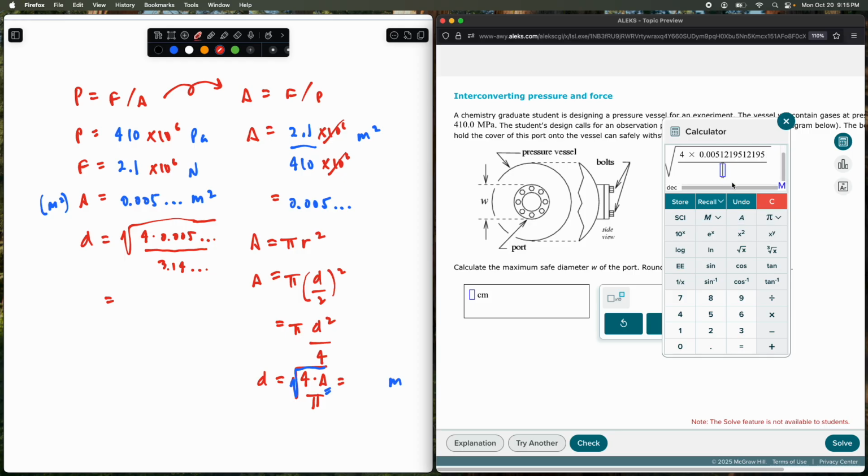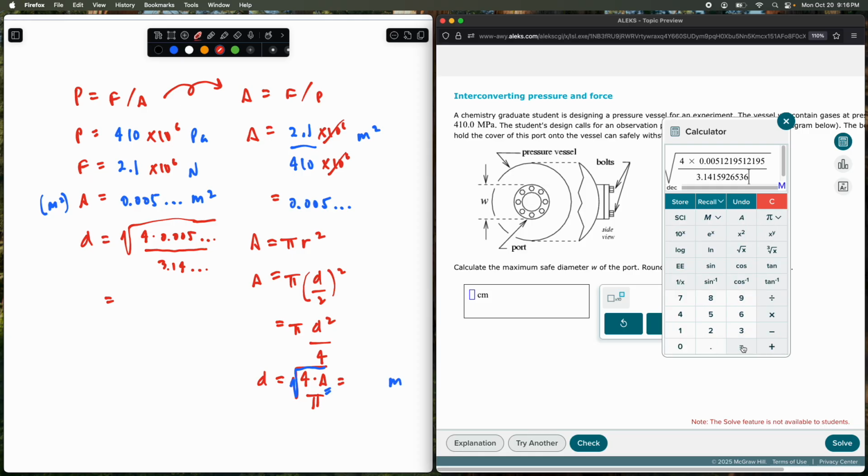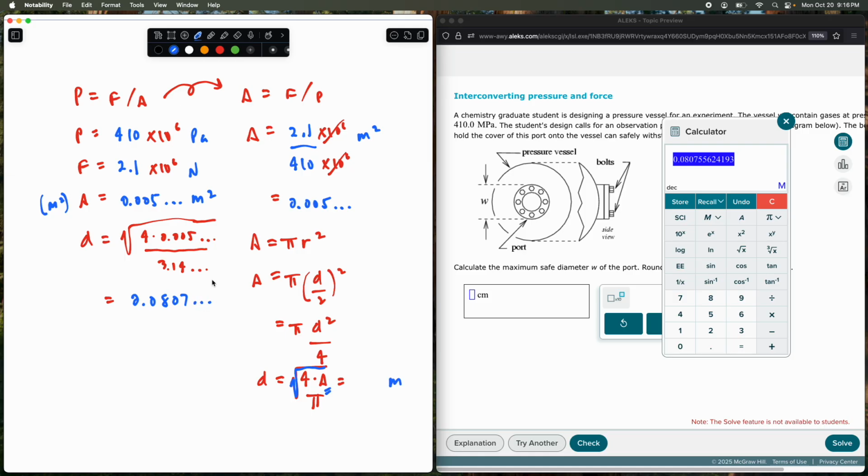Divided by, let's get my pi from my calculator, equals 0.0807. And this is going to be in meters, as we said.